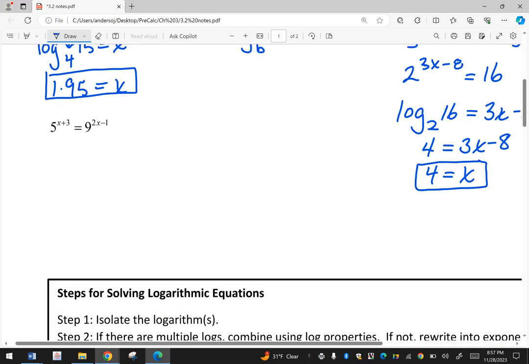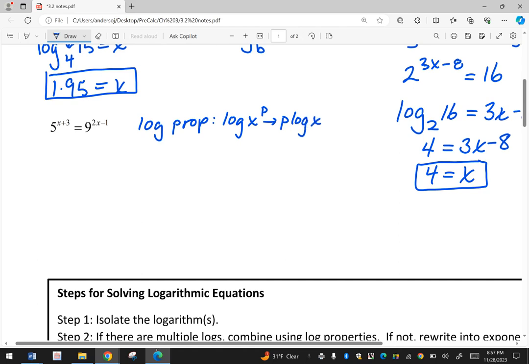So for this next example, it's going to be a slightly different process. What we're going to do is apply the log property. If you remember the log property, when the log has a power, then that power swings to the front of the log.